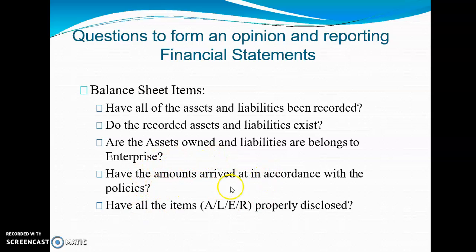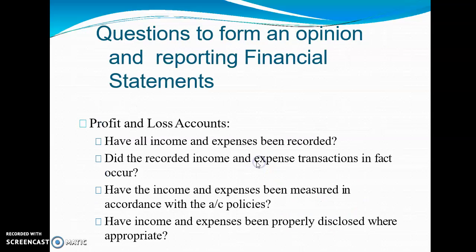And then, have the amounts arrived at been in accordance with the policy, and have all the items in the ledger, in the journal, in the account been properly disclosed? And then from the profit and loss account, the questions you need in order to form sufficient audit evidence are, have all income and expense been recorded?